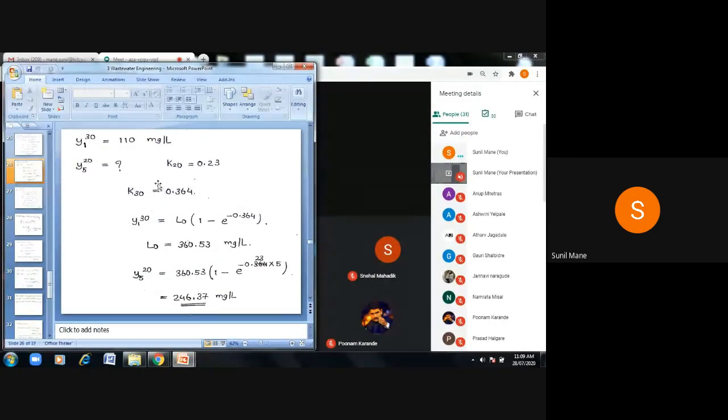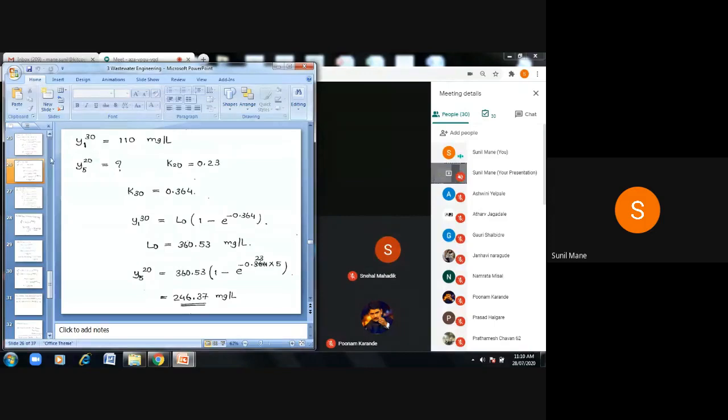The wastewater is taken in the laboratory, and here the observation is Y 30 degrees and 1 day. That means whatever observation was carried out for the wastewater which has been taken, it was incubated at 30 degrees Celsius. This is the first part, and the second part is it was incubated for 1 day.